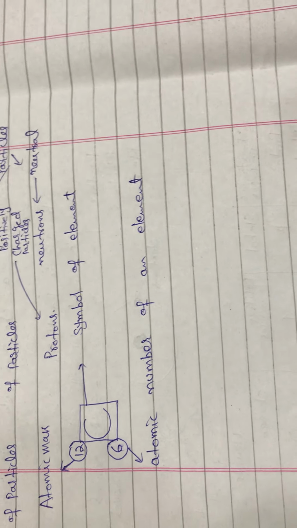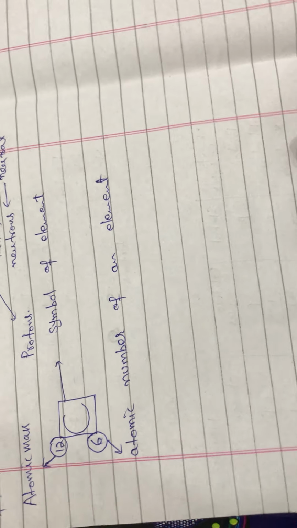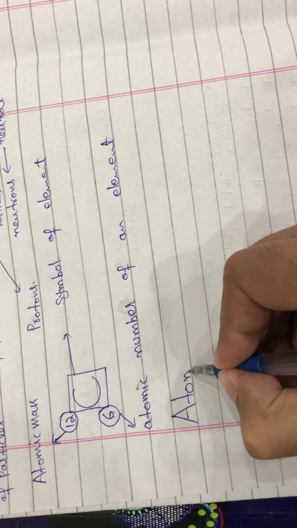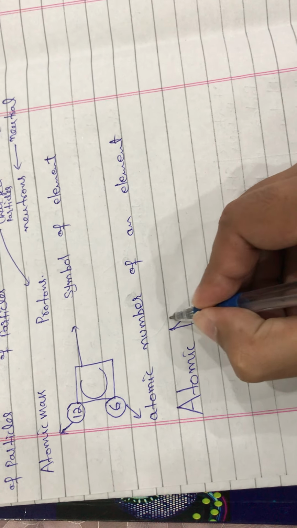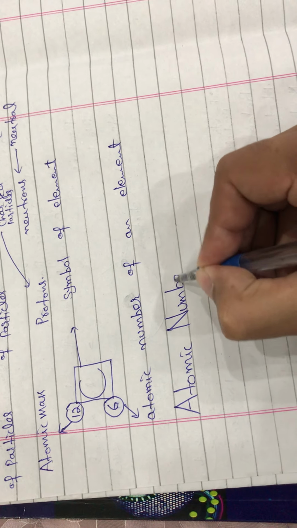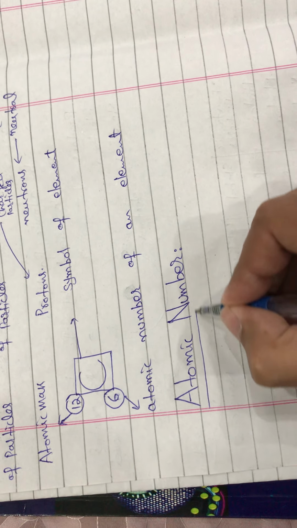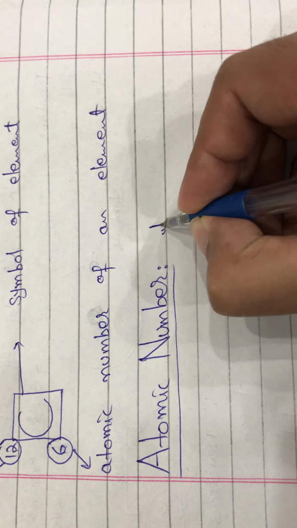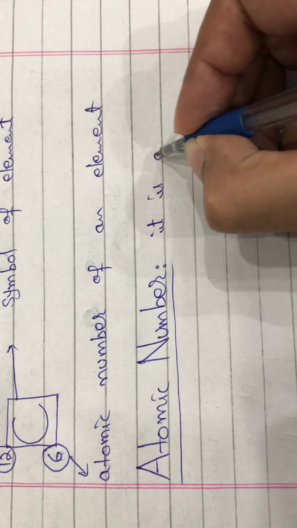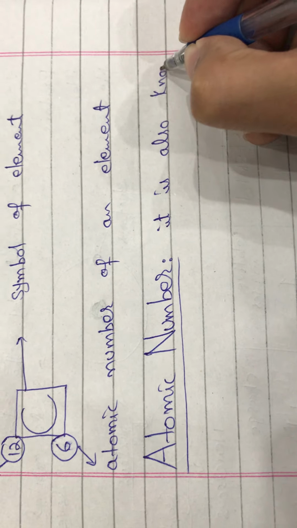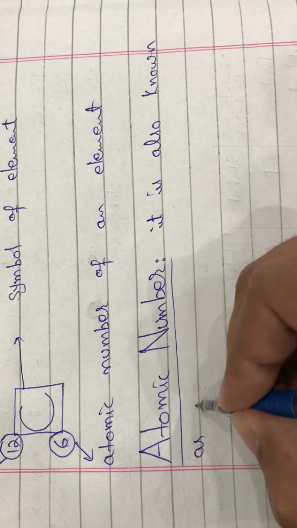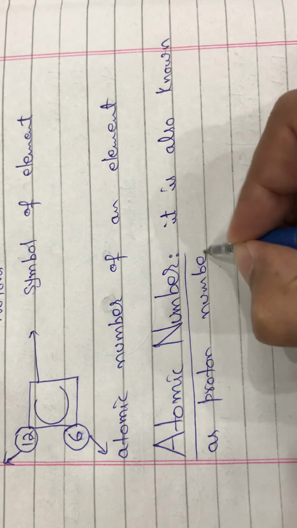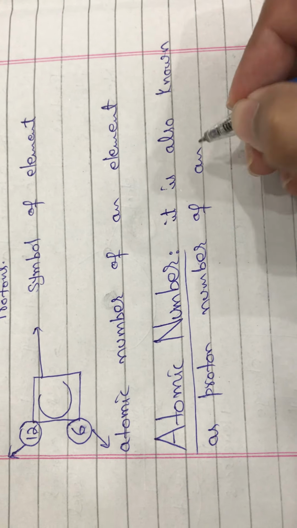Now we will discuss these two terms in detail. So what atomic number is, we are going to explain for atomic number. Basically, atomic number is also known as proton number of an atom.